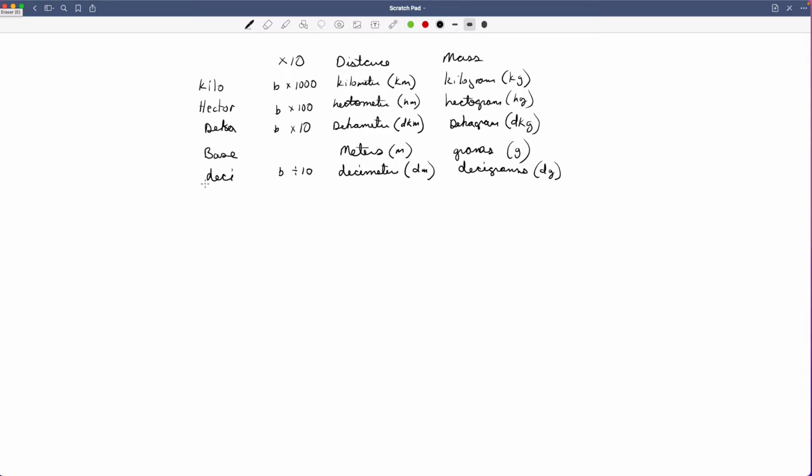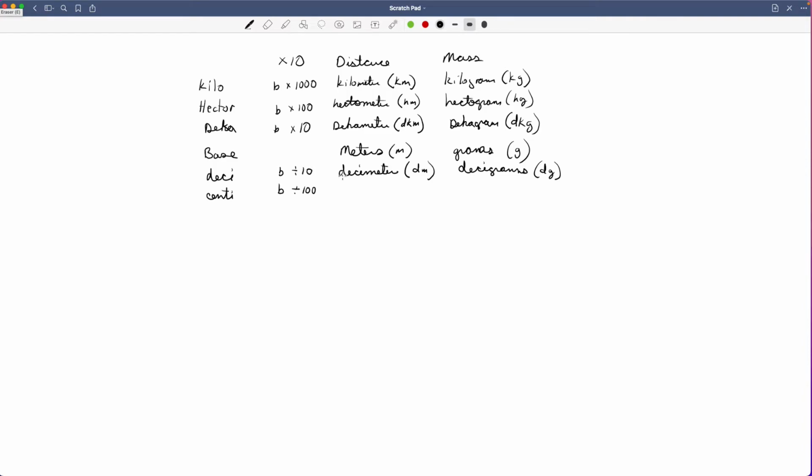And then after that you have centi, and centi is going to be easy to remember because it comes from a Roman word meaning 100. That's where you get the word century, which is 100 years, or centurion, which was a soldier in a battalion, and there were 100 of them in that battalion. So that's what a centurion was. So it's the base divided by 100.